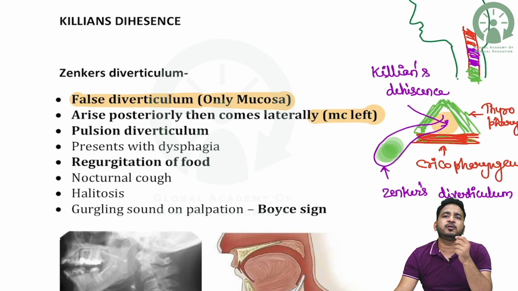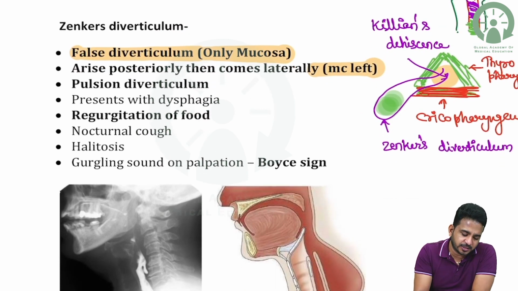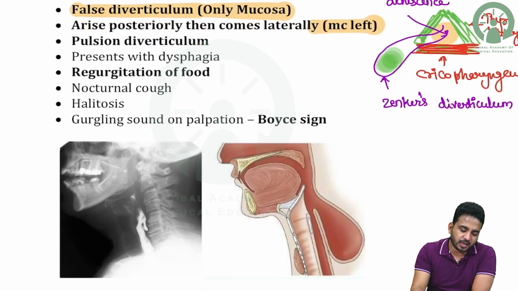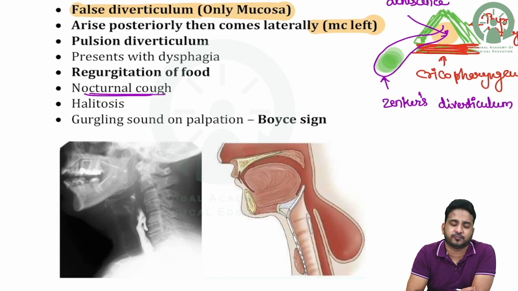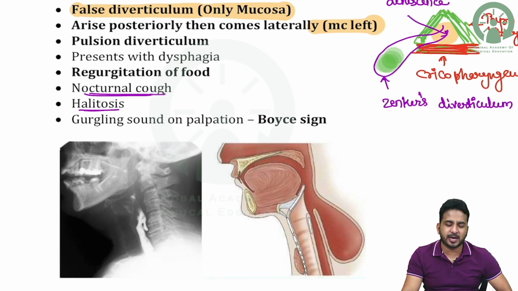The pouch also puts some pressure on the normal pharynx, and from that pressure too there may be dysphagia. So it presents with dysphagia and regurgitation of food, mainly at night. There may be nocturnal cough and halitosis, foul smell. If food collects here, it will smell and give bad breath.